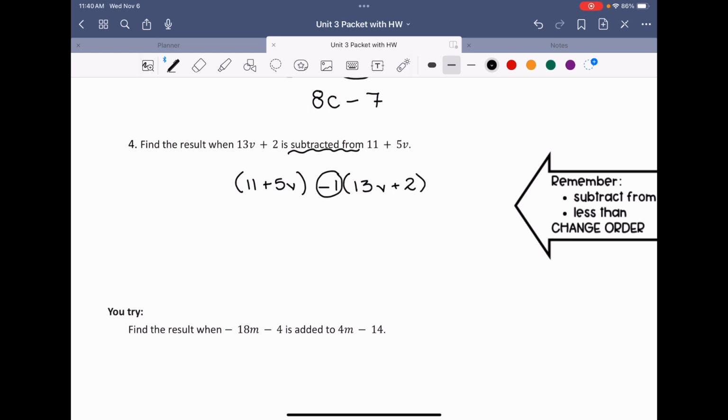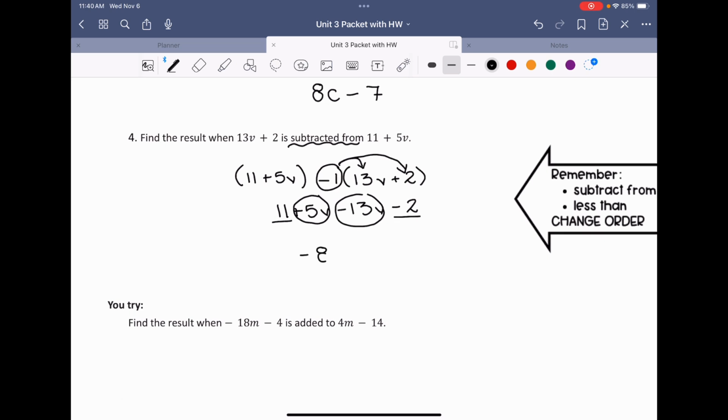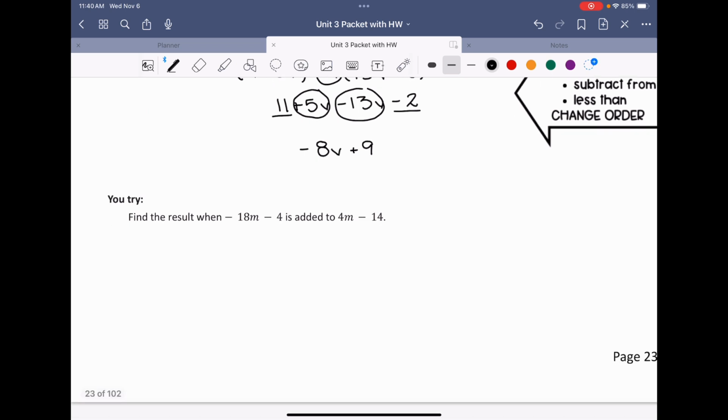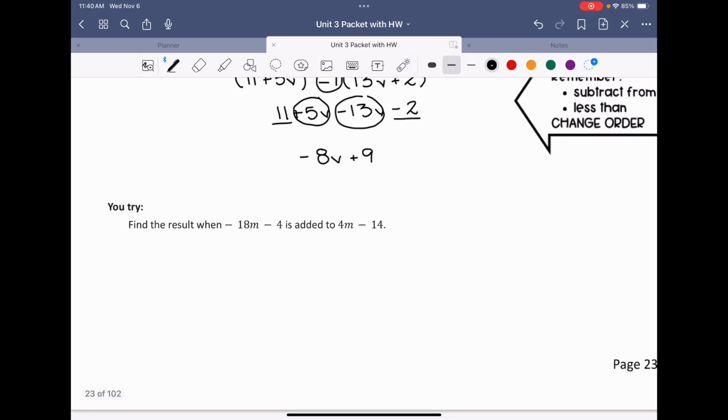Let's distribute the negative and rewrite without parentheses. 11 plus 5v, -1 times 13v, -13v, -1 times 2, -2. Identify your like terms. So 5 minus 13 is going to give us -8v, and 11 minus 2 is +9. All right, pause the video and try the next one on your own.